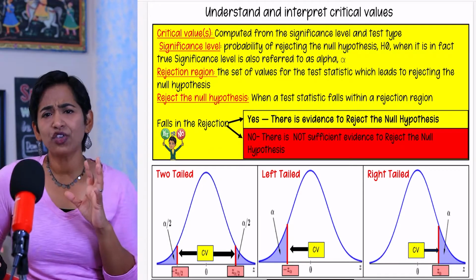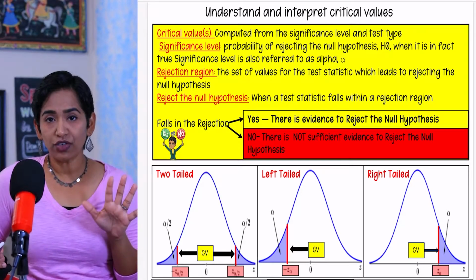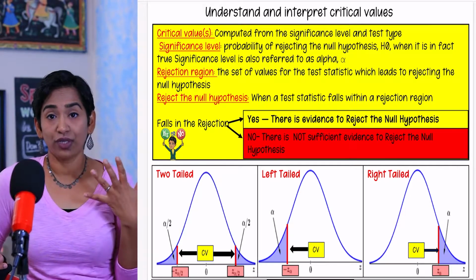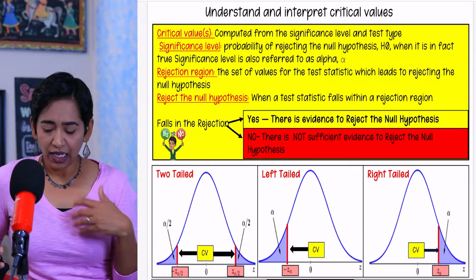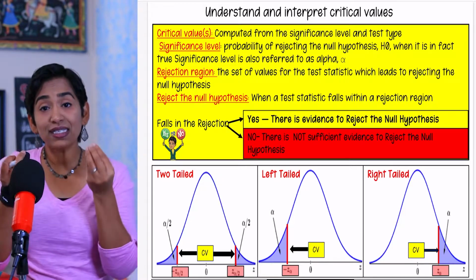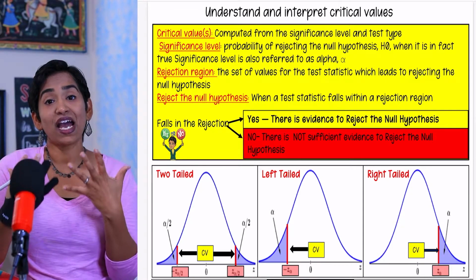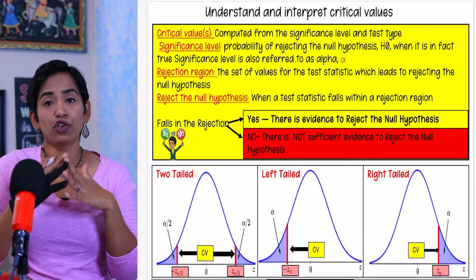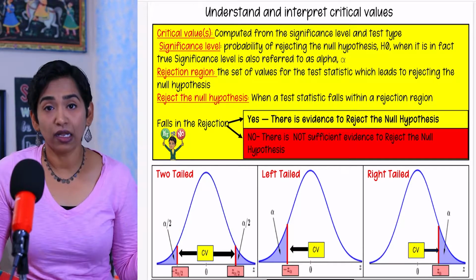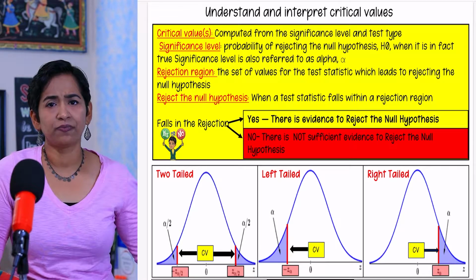But the terminology is very important, so let's go ahead and take a look. Falls in rejection region, only two things can happen, yes or no. So when it falls in the rejection region, I have strong evidence to reject my null hypothesis. Remember, you only talk about null hypothesis.